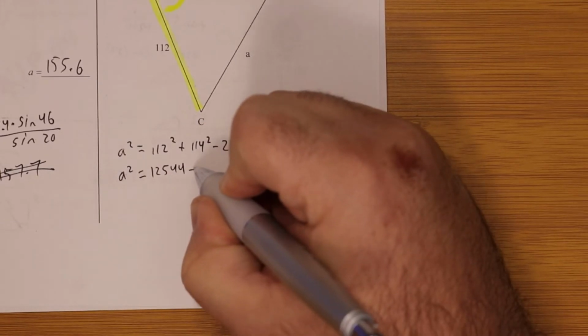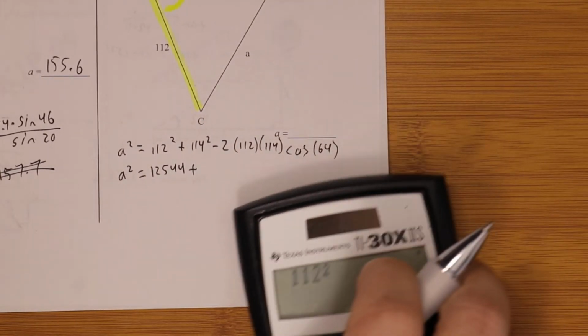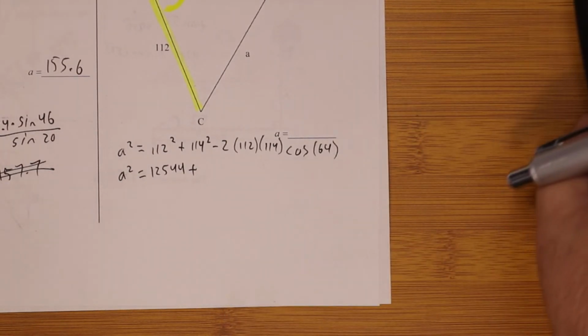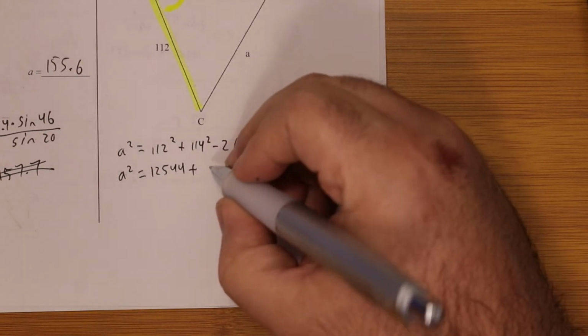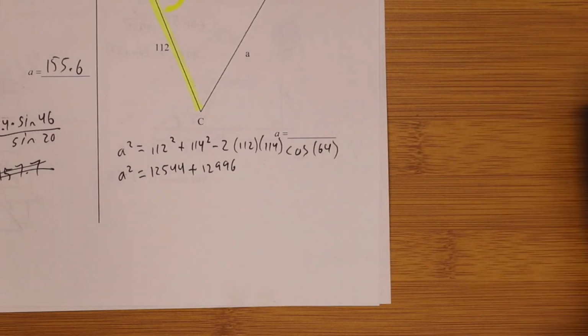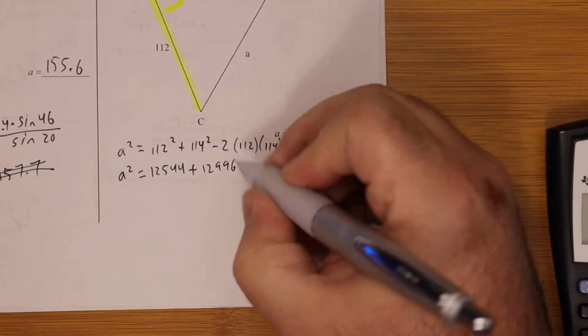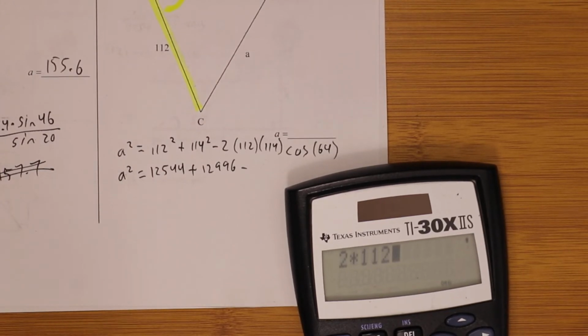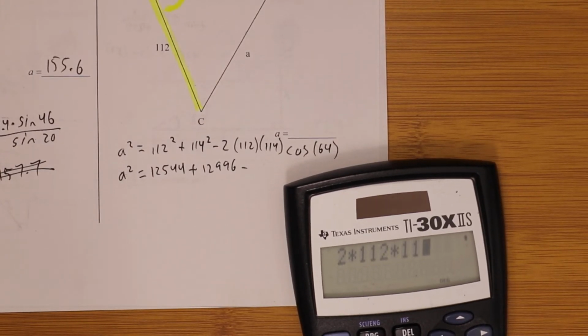And no, I do not feel bad that the numbers are big because you can use calculators. 114 squared is 12,996. And then 2 times 112 times 114.